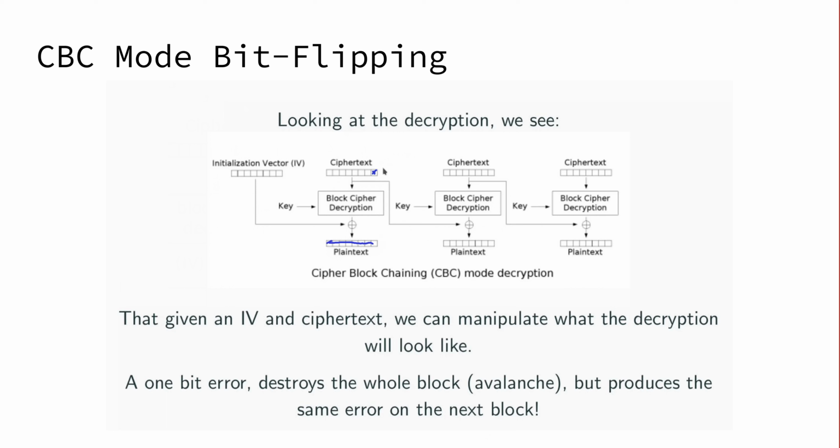Because if we change a single bit here through the avalanche effect, this plaintext block will be just completely wrecked. But since the ciphertext gets XOR'd to the decryption of the second block, this one bit flip will propagate and will flip the exact same bit in the last bit of the plaintext of the second block.